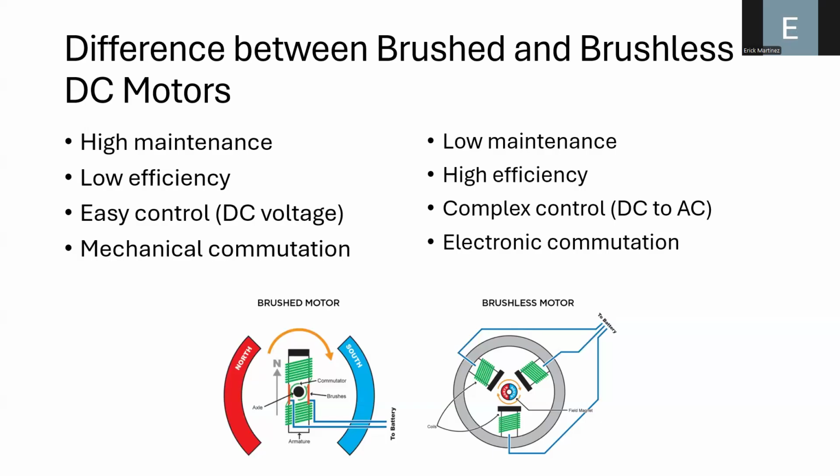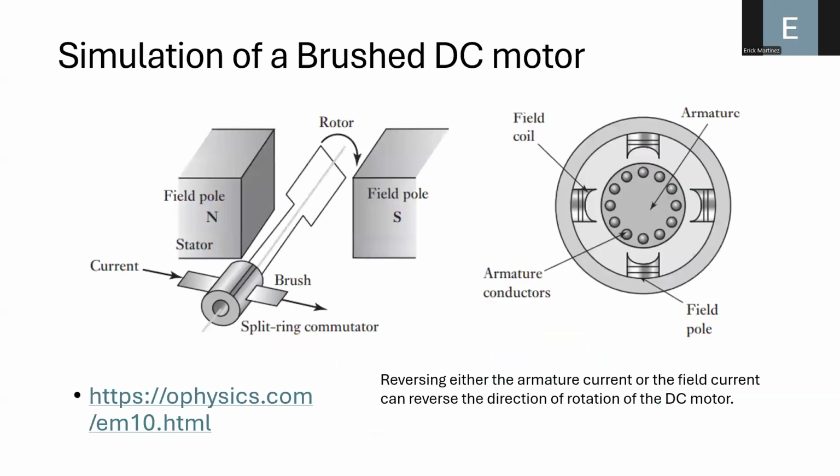So basically it means that we need to perform a DC to AC conversion. And the reason that we have low maintenance is that the commutation required to make this rotor turn is electronic, it is not mechanical, okay? So that is the main difference between these two types of DC motors.